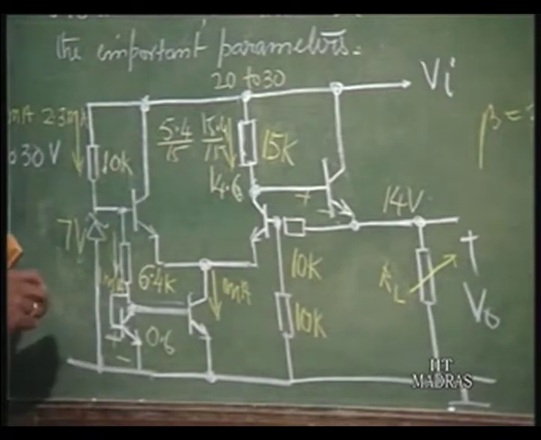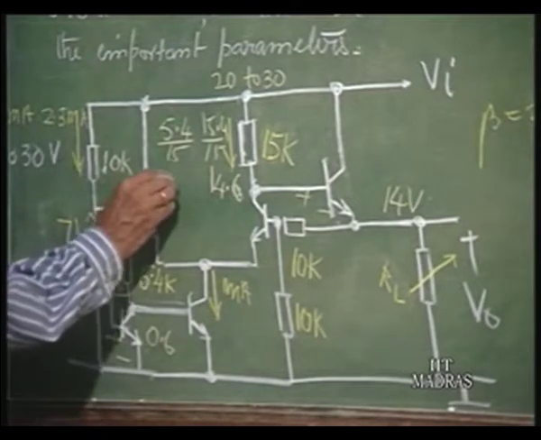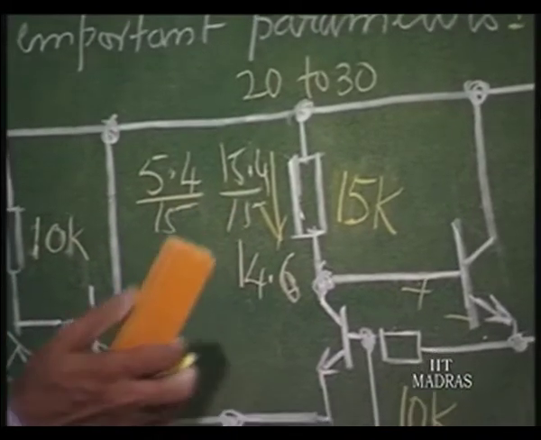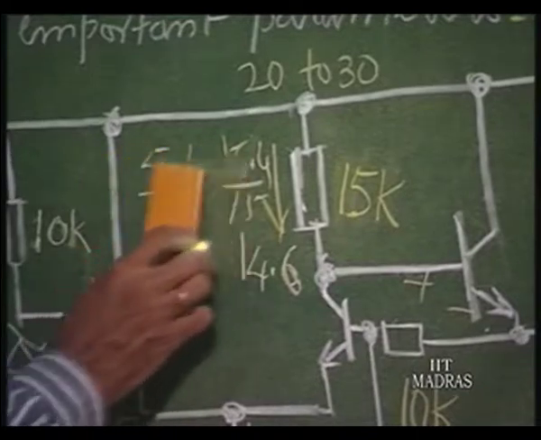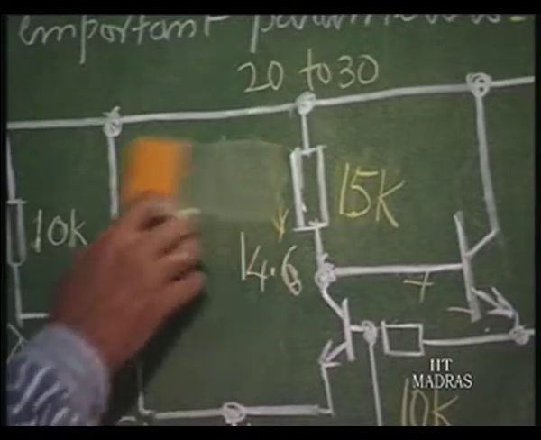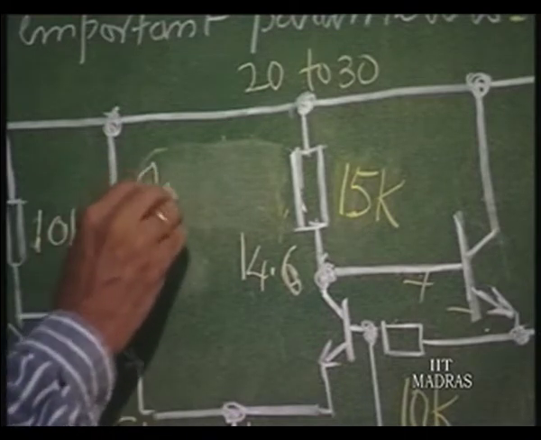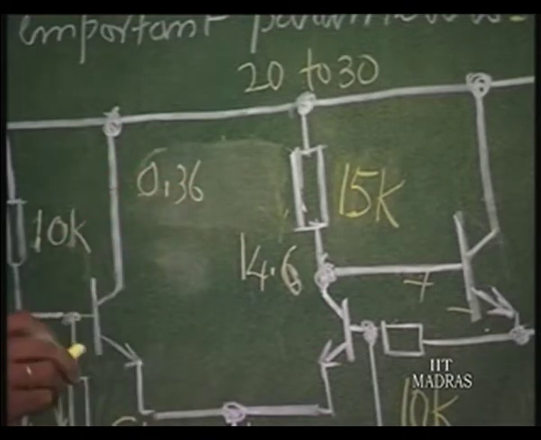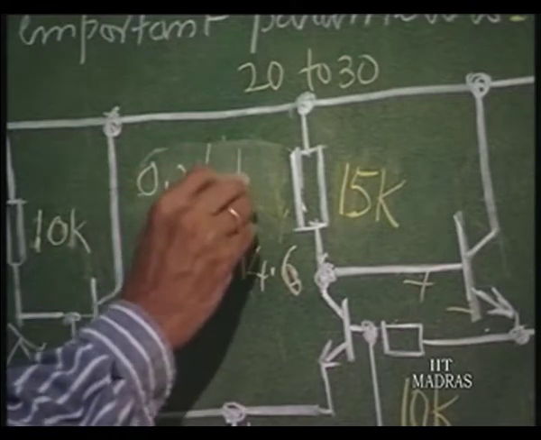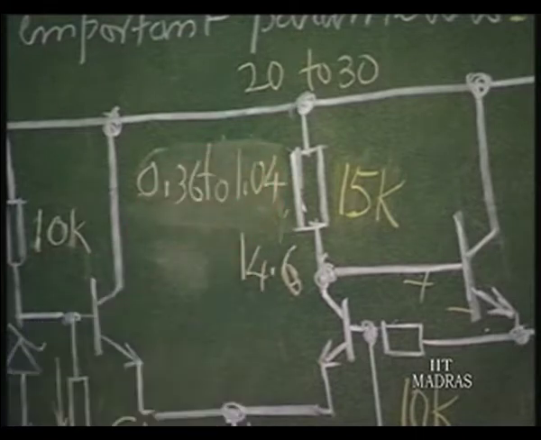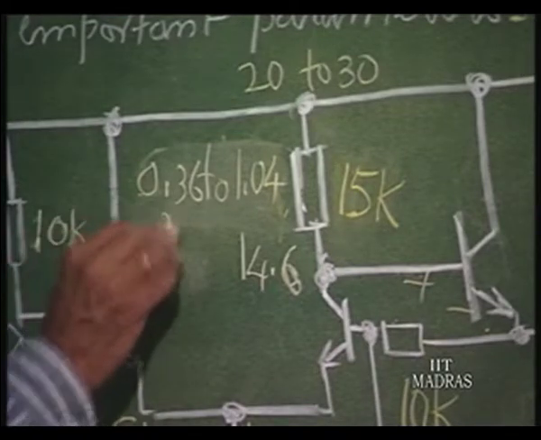So, one is 0.36 milliamperes and the other one is 1.03, so 0.36 to 1.04, something like that. So, this is the variation of current in this.